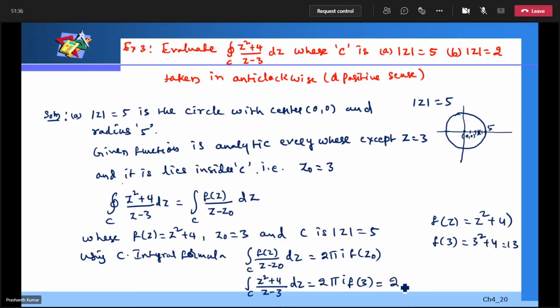So this is equal to 2 pi i into 13, which is 26. So 26 pi i is the answer.